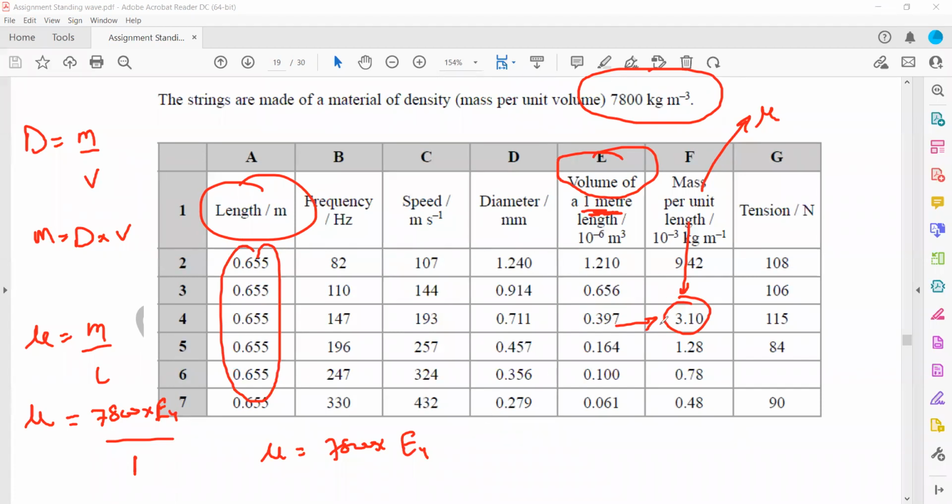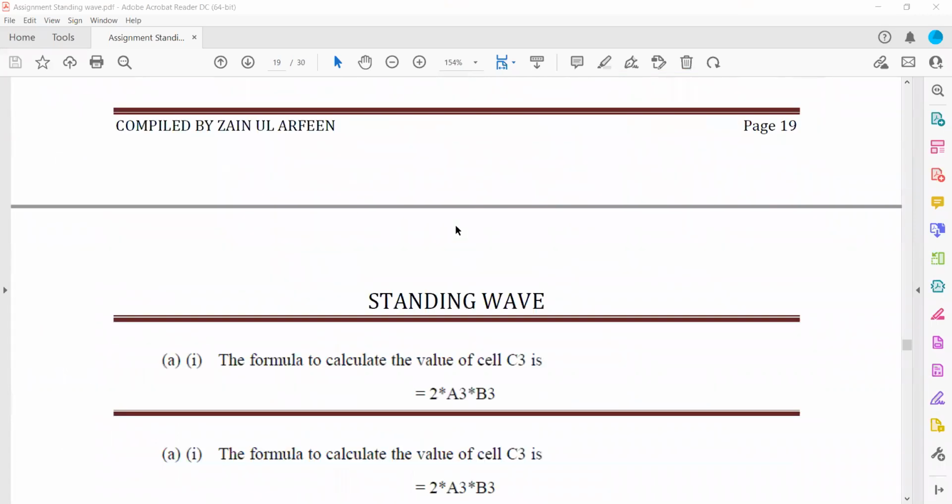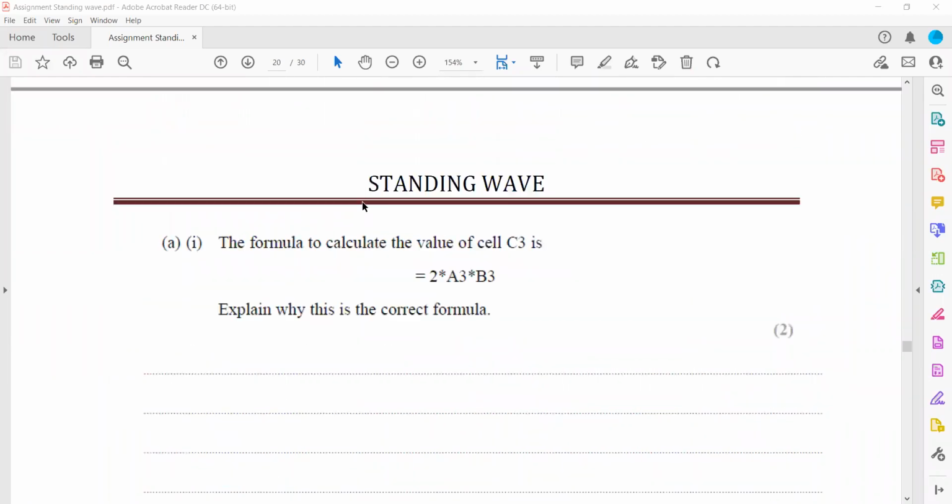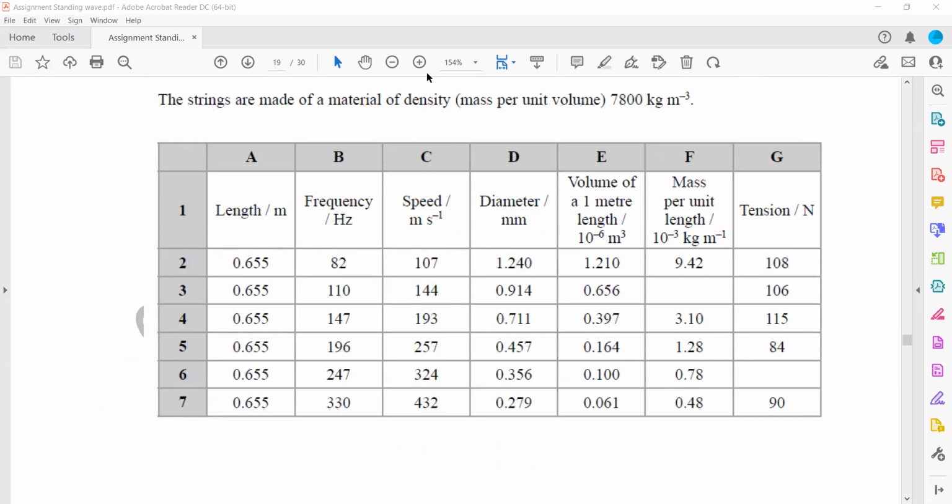Why using E4? Because in the question, they ask us to calculate how F4 is calculated. Cell F4, which is a mass per unit length, or we can say mu. How to get the mass?